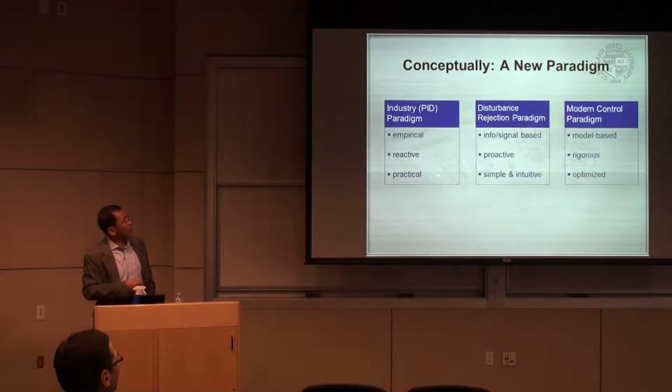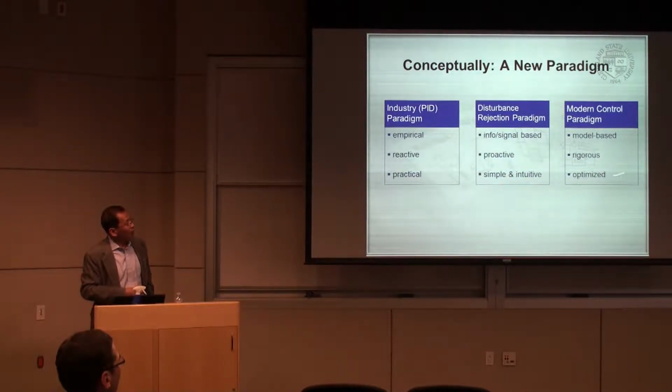Now, if you look at it, in industry, we have this empirical paradigm, where we design and tune controller empirically. The controller reacts to the output change, but it's practical. The PID controller is used widely. It still dominates.